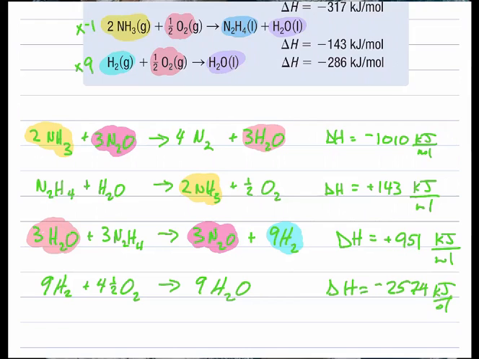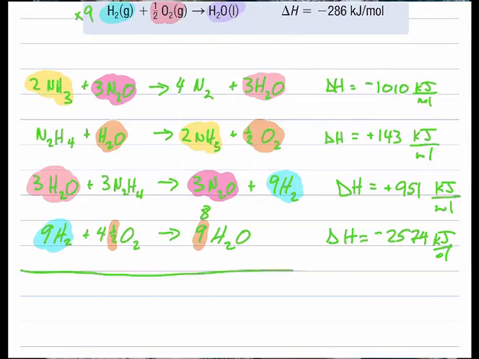And let's see where we end up. Okay, we have 9 hydrogens, cancels with 9 hydrogens, life is pretty good. We have half an oxygen, which will cancel nicely with that half of an oxygen. We have 9 H2Os, but we still have an H2O right here, so we can cancel that and turn the 9 into an 8.